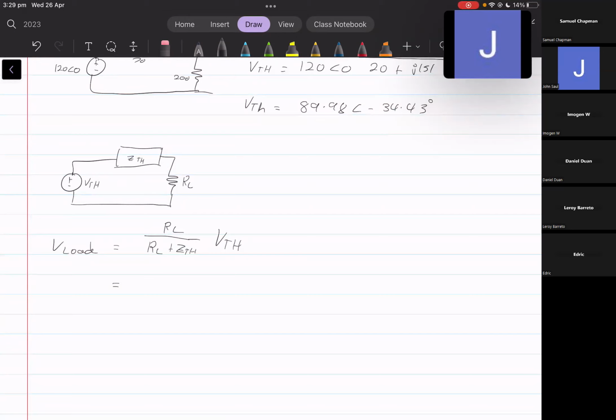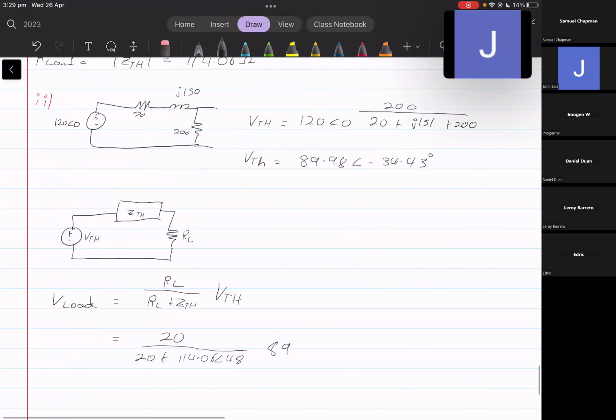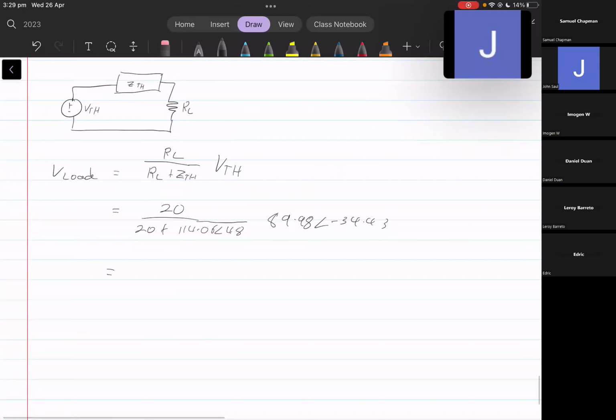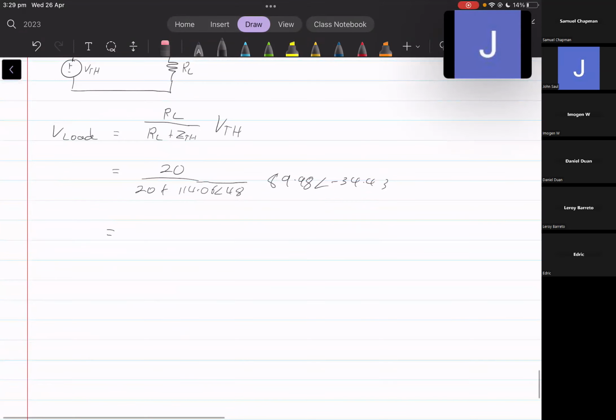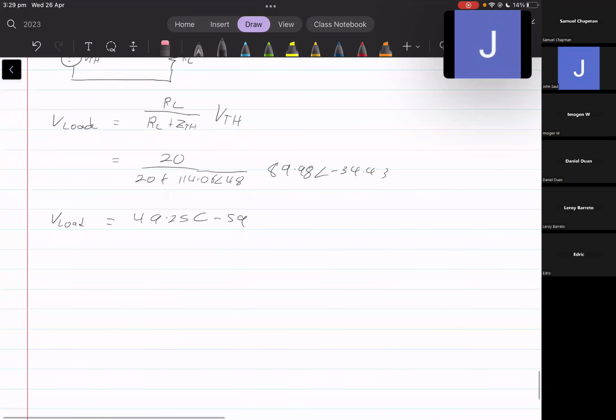So if we remember what RL is, it should be 20. So then this will just give us 49.25 minus 59. And now we can work out the power across this resistor. So power is V.